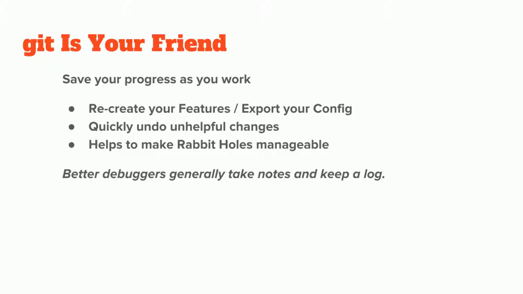Yeah, and the line here about making rabbit holes manageable, like a quick little synopsis of a rabbit hole is your hypothesis is I upgrade this module to the latest one, and that fixes the problem, right? It's like you go to upgrade that has a dependency on another module, which has a dependency on something else, which means you have to fix something in your composer.json.